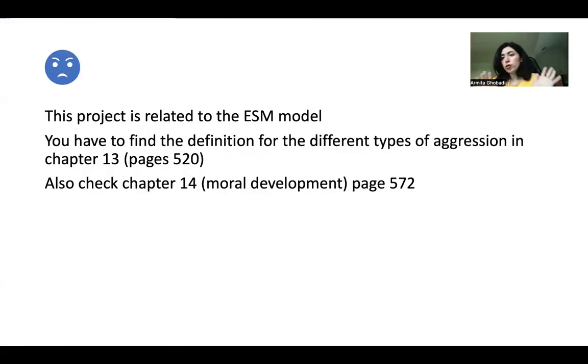Again, we do have 2 options. We already talked about option number 1. However, for option number 2, you're going to do self-study, and it's perfect for someone who doesn't have children around. You're going to check these specific pages and chapters by yourself to understand the definition and examples of each aggression. Then you're going to choose 4 different categories of shows.